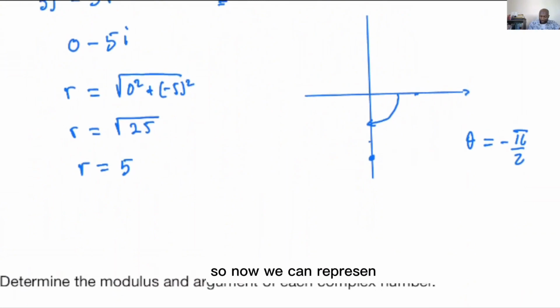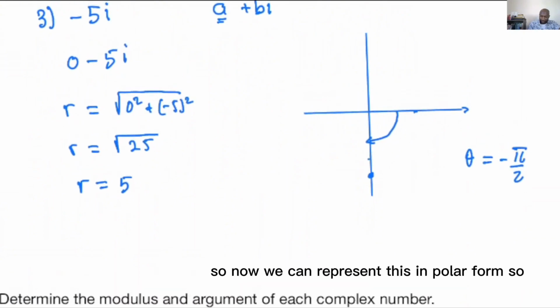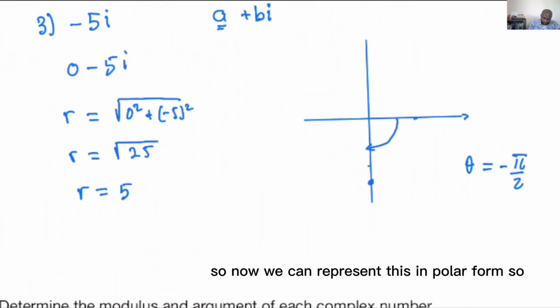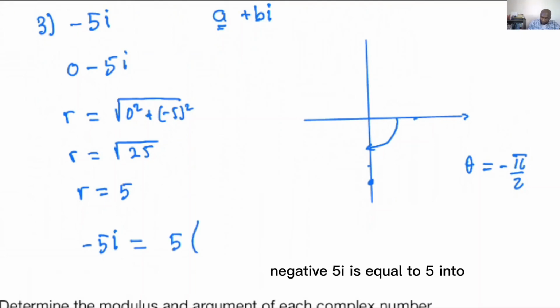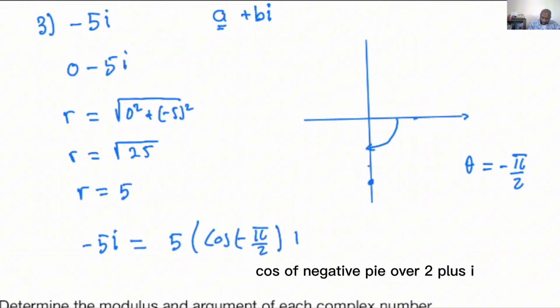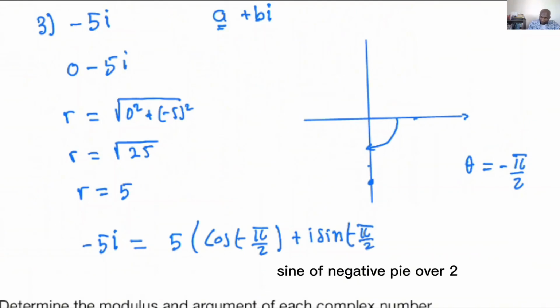So now we can represent this in polar form. So negative 5i is equal to 5 into cos of negative pi over 2 plus i sine of negative pi over 2.